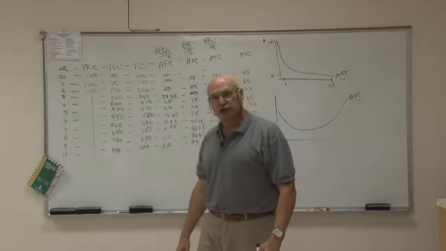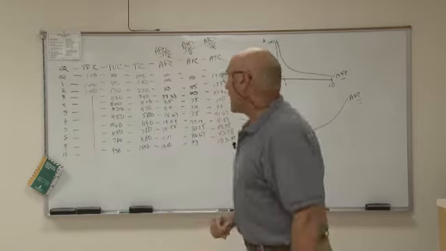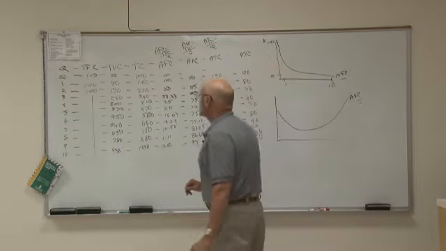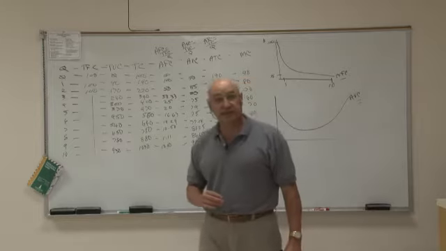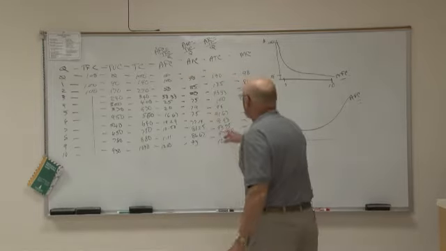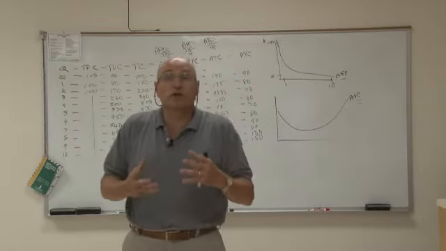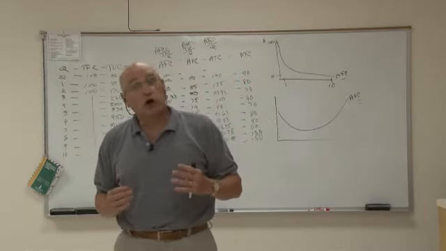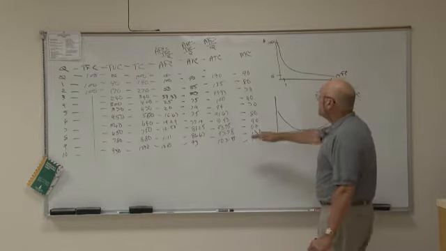Now, the reason it's U-shaped is because of the law of diminishing returns. As I add a variable resource to my fixed plant capacity, initially my costs will decrease. But after a while we're starting to bump into each other, we're too crowded, my costs start to increase, and therefore it is U-shaped.